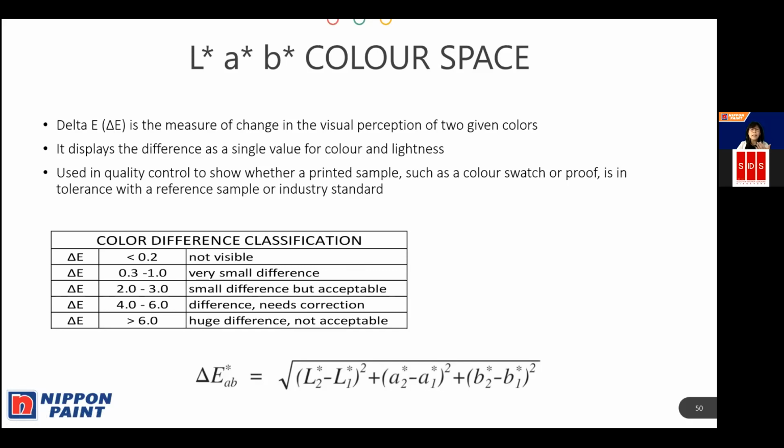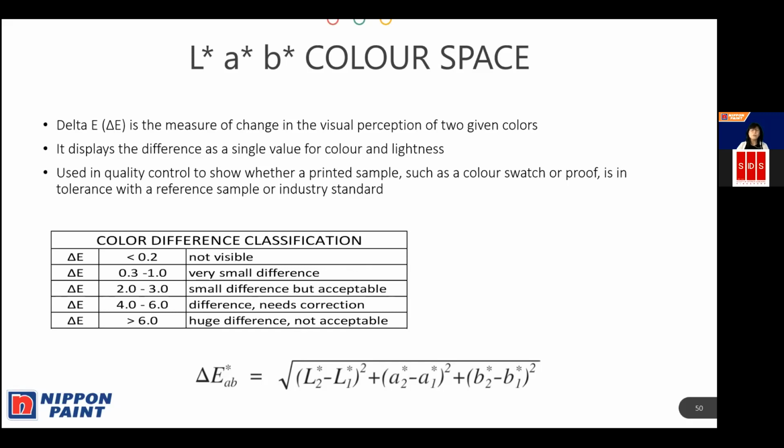Our human eye cannot perceive a difference of 0.2. So 0.3 to 1 is a very small difference. And when the delta E number gets bigger, of course the visibility increases, so we can perceive the difference much better.